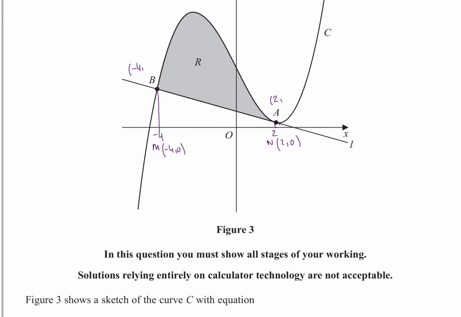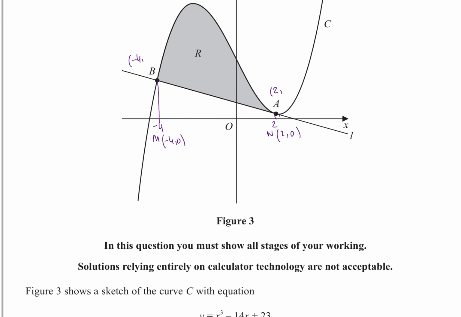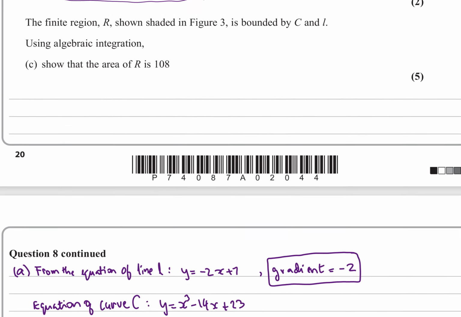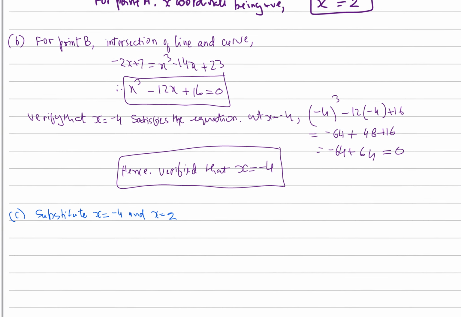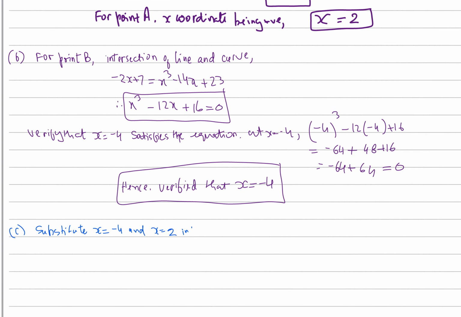So x is minus 4 and x is 2 in the equation of the line to find the y coordinates, right?